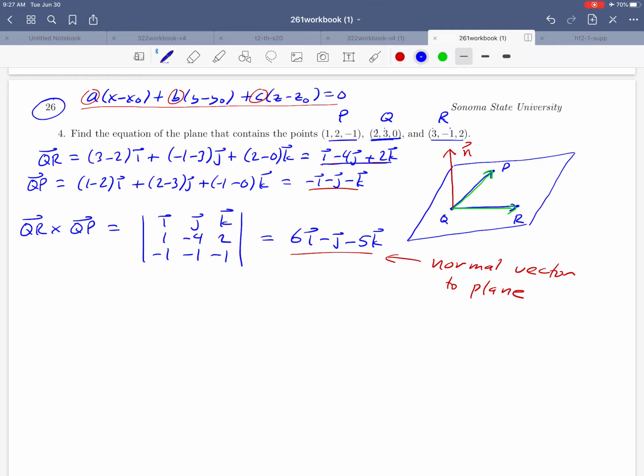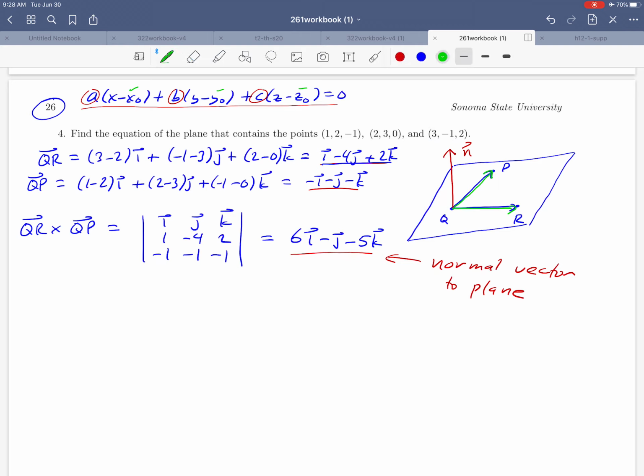What else do we need to know besides the A, B, and C to find the equation of a plane? Well, we need a point, x naught, y naught, and z naught. Do we know any points on this plane? Actually, we have 3 points on the plane already that are given to us, so we can choose whichever one we want. Let's get rid of our labeling here.